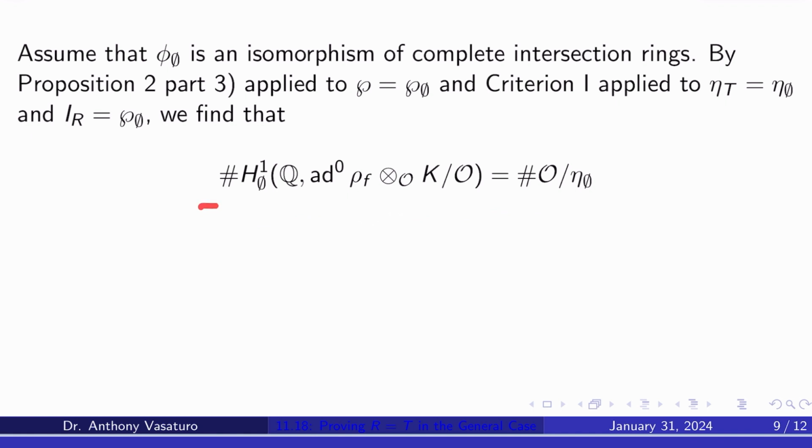You get that the cardinality of H1 sub empty set of Q add 0 rho F tensored up to K mod O is the same as the cardinality of O mod eta sub empty set. Just write it down. There's no tricks. There's nothing enlightening here. This just is true. Okay? So we have this. Keep this in mind. Okay?